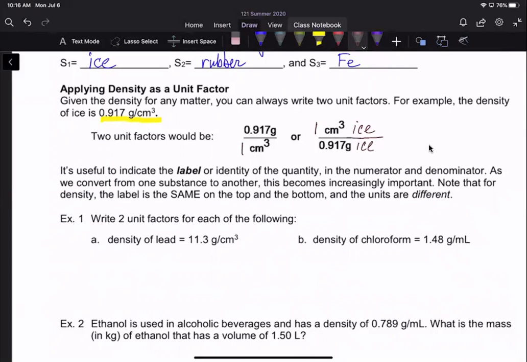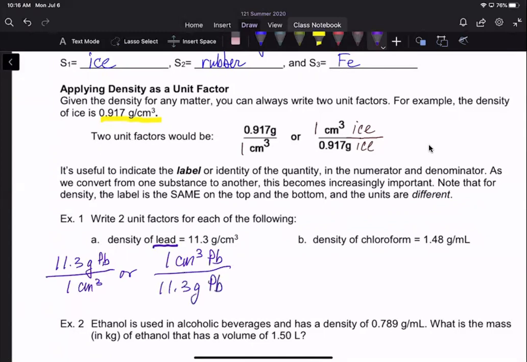So let's write a couple unit factors for these. Here's the density of lead. Get some practice with our symbols. 11.3 grams of lead must have a volume of 1 centimeter cubed. Or if you have 1 centimeter cubed of lead, that will be 11.3 grams of lead. We can do the same thing for chloroform. So here's our value.